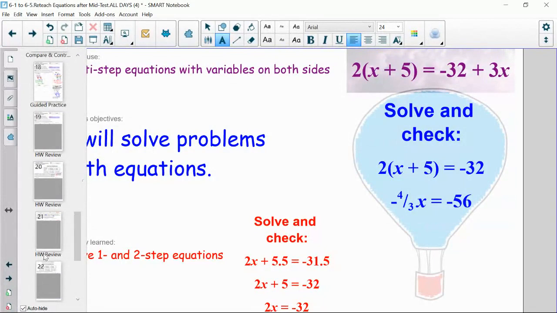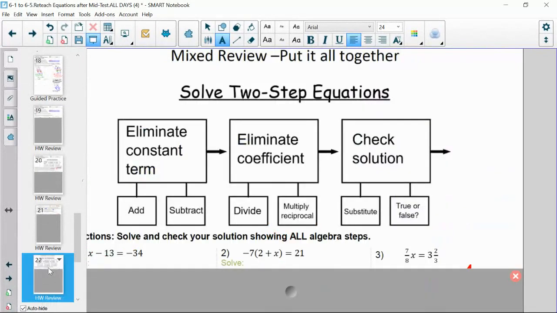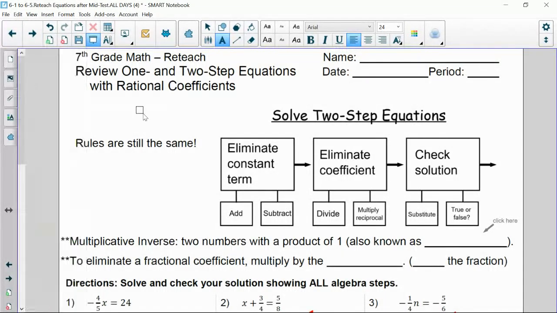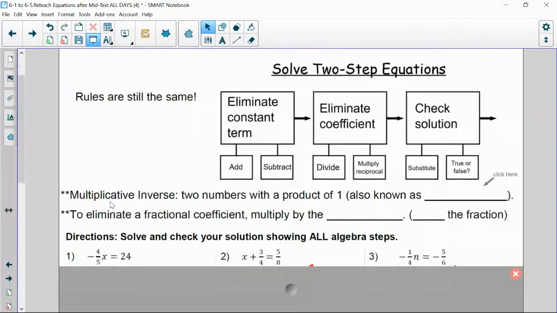Yesterday's, I think this is it. So this is the mixed review, put it all together. You're going to have fractions, decimals, distributive property. Yesterday's work, if you needed to check your answers real quick, you should have gotten a good chunk of them done in class or on your own.